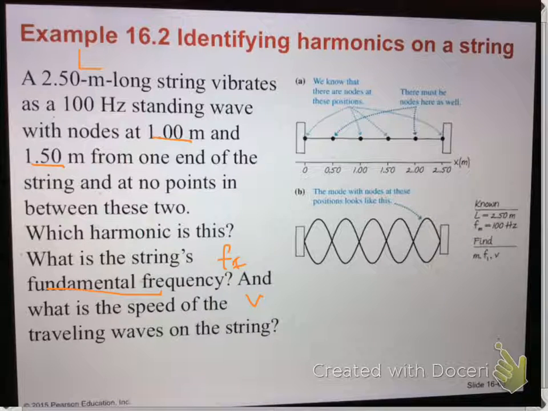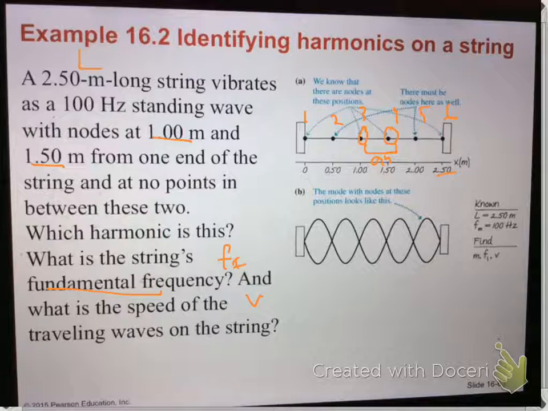Alright, so this diagram kind of gives it away, but we were only given this information here. Nodes are always going to be equally spaced. So if this is 2.5 meters, and there's one at 1 and 1.5, the only way that can be possible is if there is a total of 6 nodes, with them being a half a meter apart, just like here.